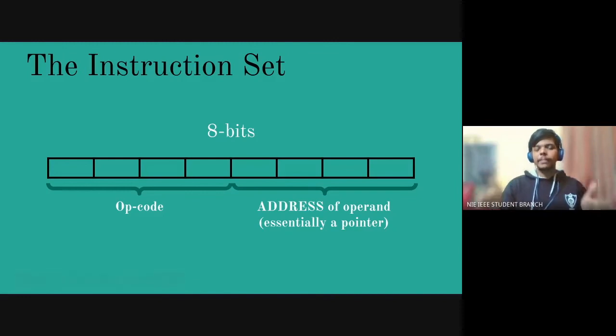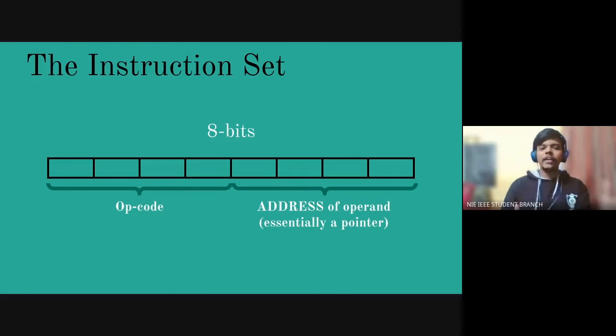So the SAP1, like we said, is an 8-bit computer, so the instruction set is also limited to 8 bits in size. We divide the 8 bits into 2 halves. The left 4 bits are known as the upper half because they're the higher part of the bit value.